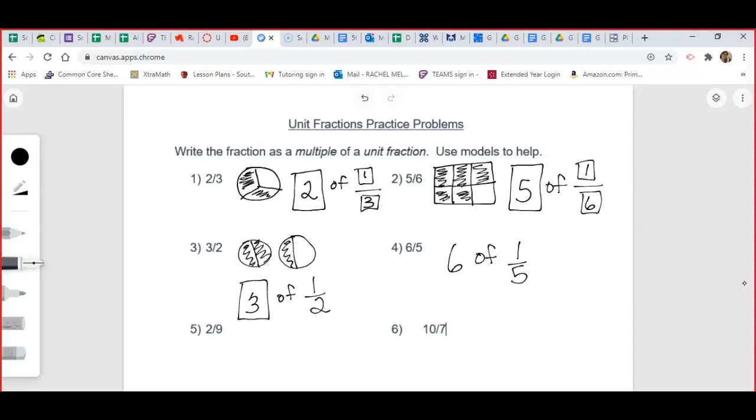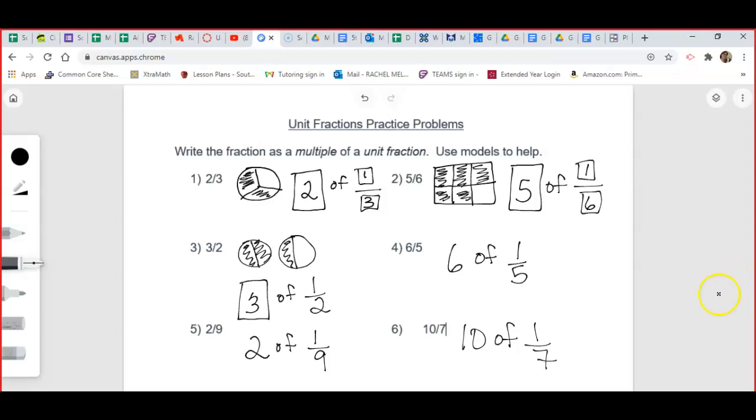On number 5, how many groups do I have? 2. 2 groups of what? 1/9. Very good. On 10/7, how many groups do I have? 10. Of what? 1/7.